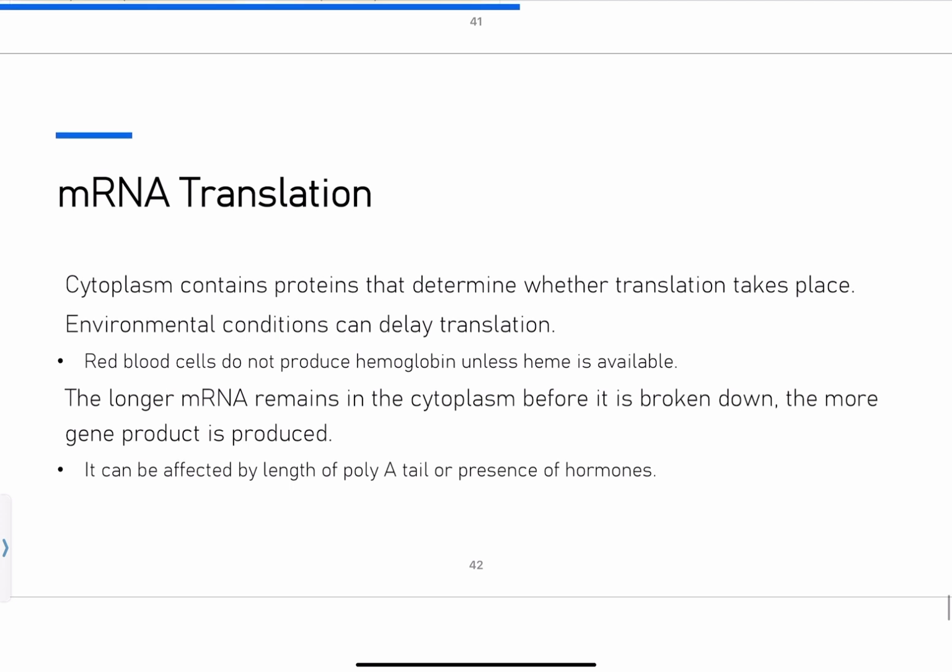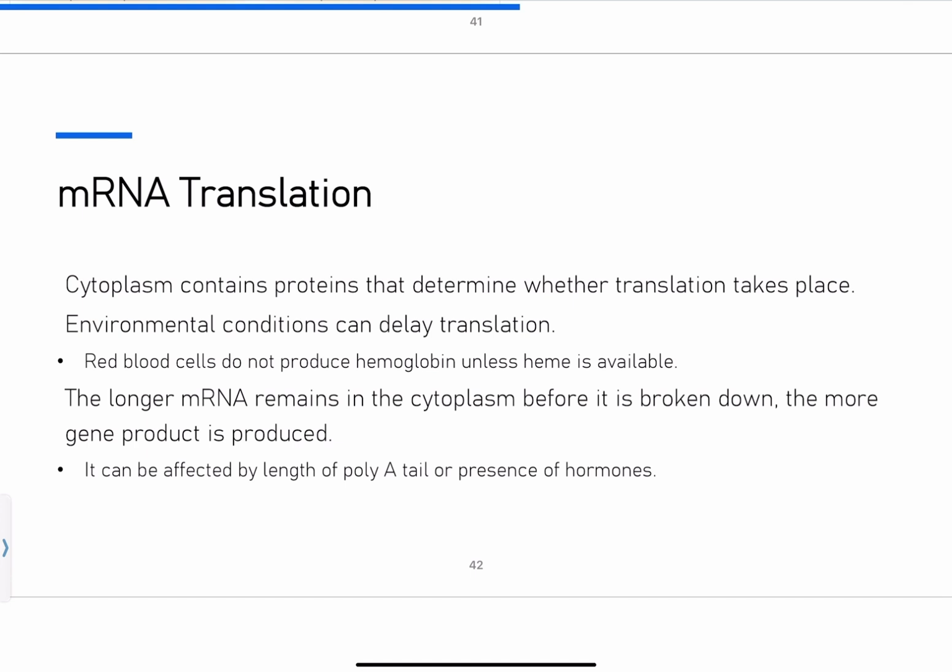So once that mature mRNA reaches the cytoplasm, we have additional layers of control that can come into play. So whether or not translation actually happens is going to depend on cytoplasmic proteins and the environmental conditions. So for example, red blood cells won't produce hemoglobin unless heme, the pigment, is available, even if the mRNA for hemoglobin is present.